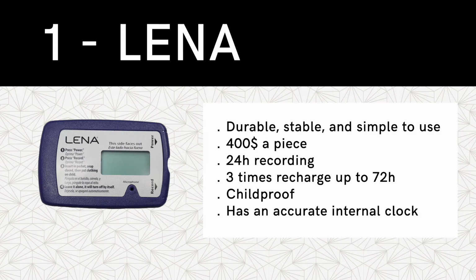Regarding special features, please note that you need to pay for the LENA software separately. They have several licenses and you can ask them for a quote, but just to give you an idea, you probably need about $5,000 to get started. One unique feature of LENA is that they have an accurate internal clock that allows you to more easily know when recordings were started and stopped.